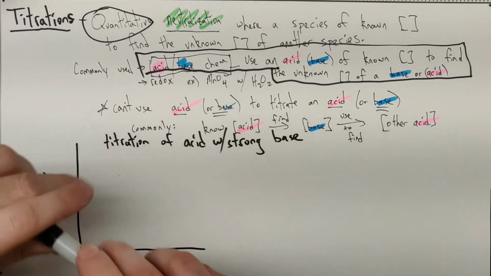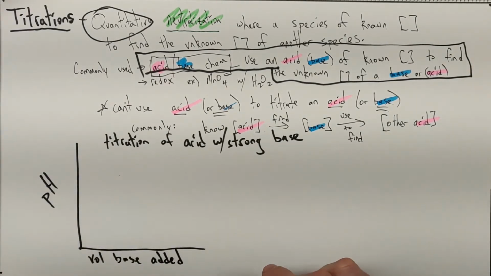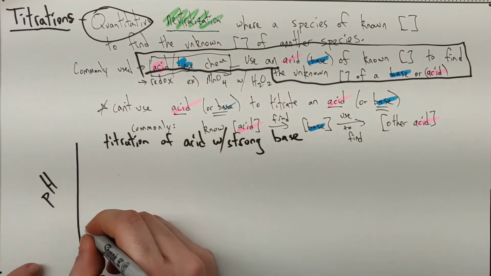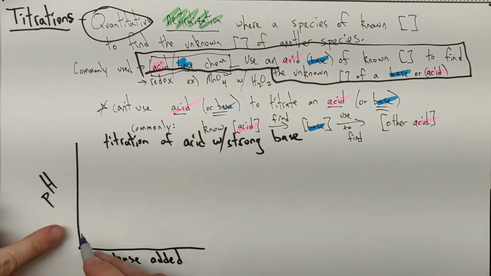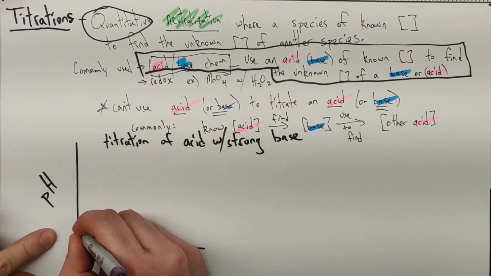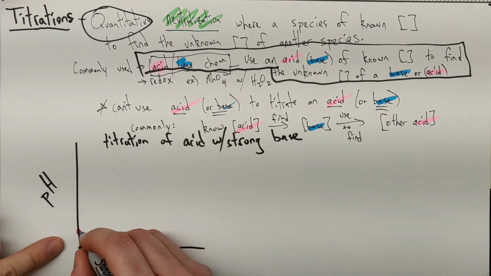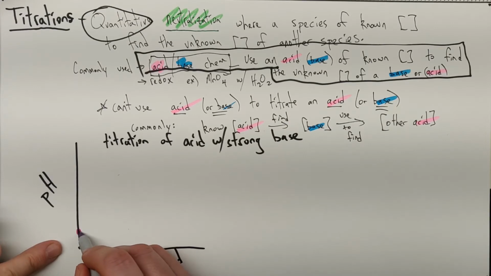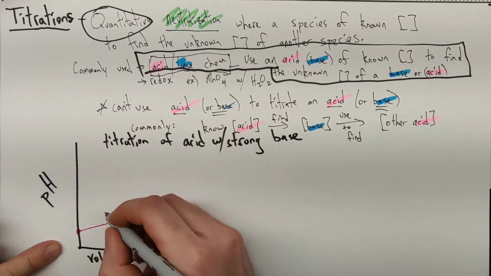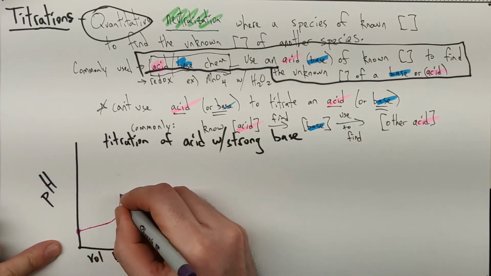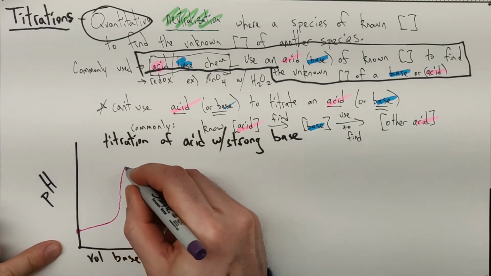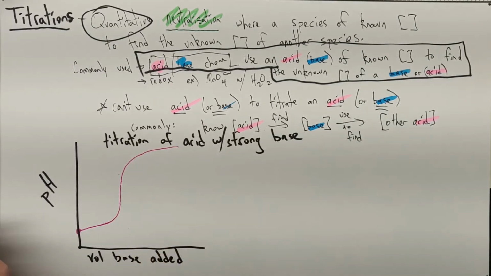So the two curves that I want to look at here, in fact, we'll look at the first one, is just a generic titration curve where you start with some acid that has some pH, and then as you add base to it, that pH starts to go up, and then eventually that pH jumps drastically, and then it kind of starts leveling off again.